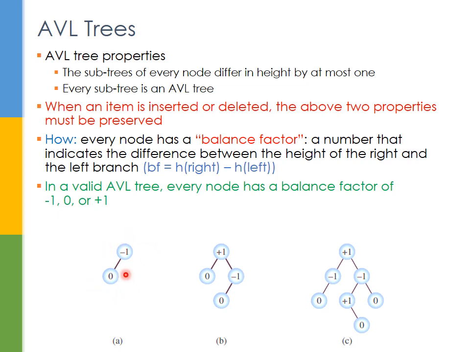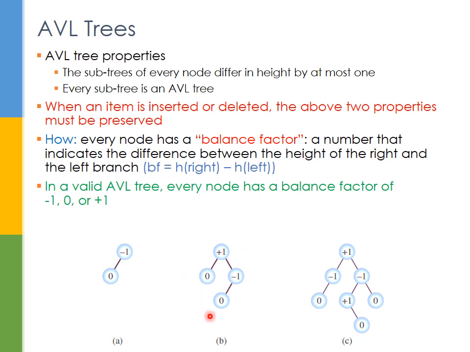We have a single leaf node over here. Its balance factor is of course 0 because it has no nodes to the left or right of it. We then have our root node over here, so its balance factor indicates the height of the right subtree, which is 0, and then subtracted from that the height of the left subtree, which is 1, so this gives us a balance factor of -1.